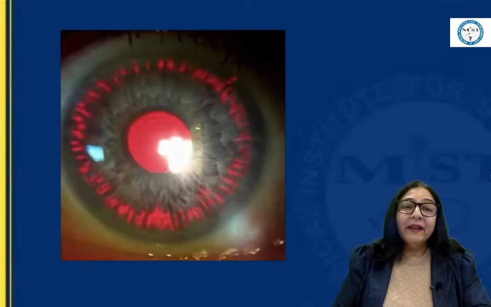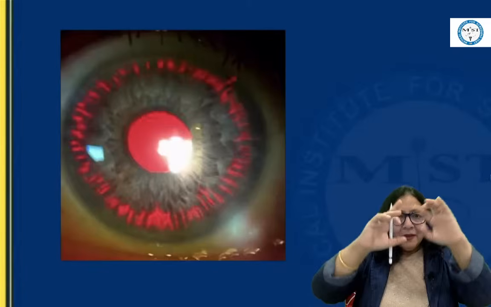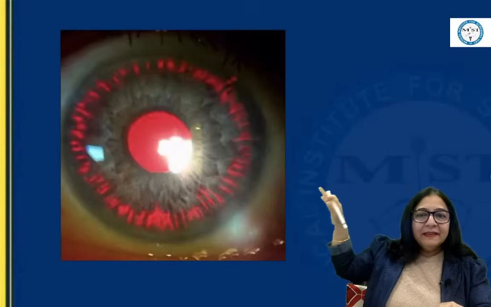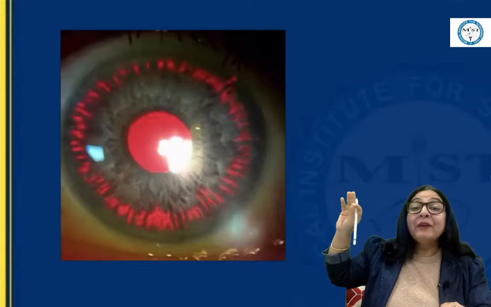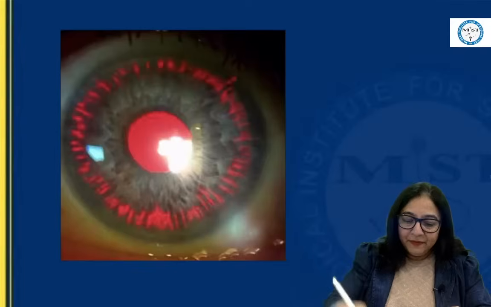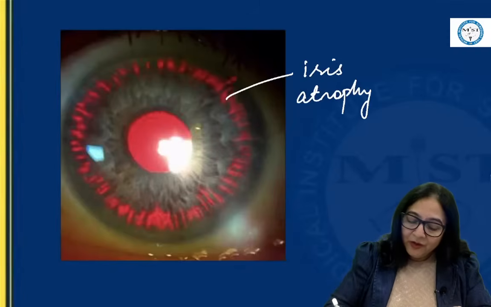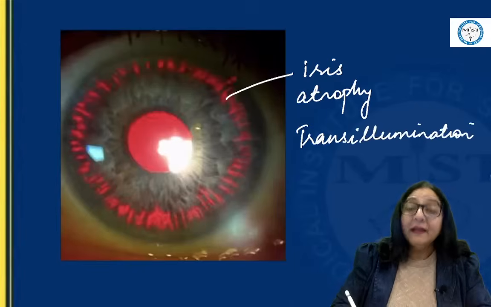What we are seeing is that the cornea is clear, there is nothing in the cornea, but when you look at the iris, you see a red reflex coming from areas of the iris as well. Why? Because there is iris atrophy, and this iris atrophy leads to what we call a transillumination defect.